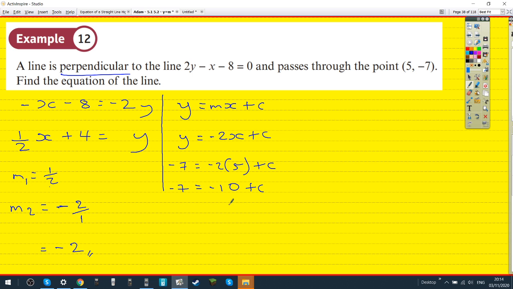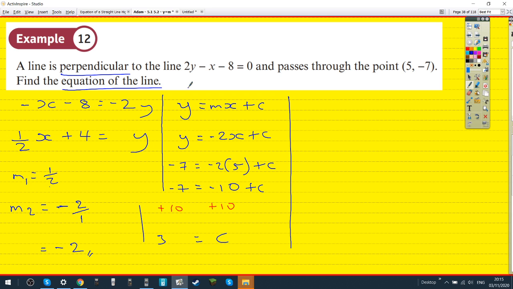And then you'd plus 10 on both sides. That'll get it in one go. Minus 7 plus 10, just plus 10, which is 3.